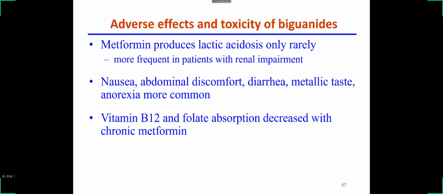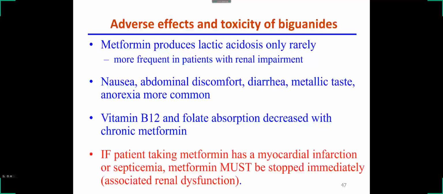You see a decrease in vitamin and folate absorption in patients that are on chronic metformin, probably related to changes in their metabolism. And if the patient taking metformin has a heart attack or septicemia, you've got to stop the metformin immediately because this can overwhelm their kidneys and cause renal dysfunction.